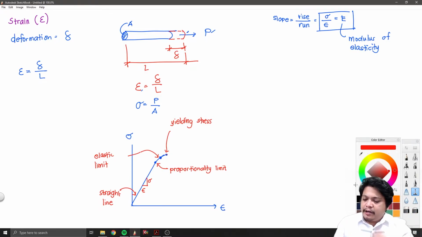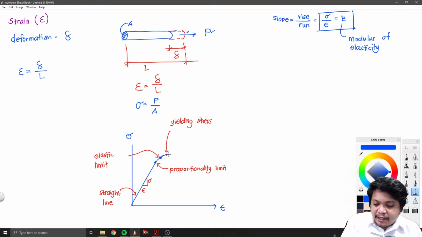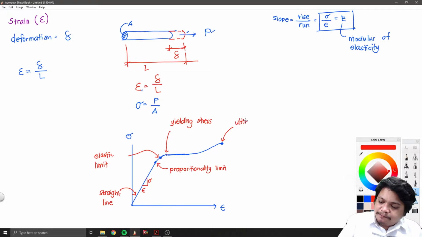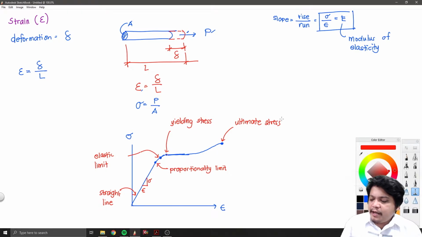Ngayon, si yielding stress, pagdating dyan, somehow, yung ibang material, nag-i-straight na siya ng ganyan. So, yielding stress. And then, naangat yun ng kaunti pa hanggang ma-reach yung pinakatuktok ng stress and strain diagram. Ang tawag natin dito is the ultimate stress.